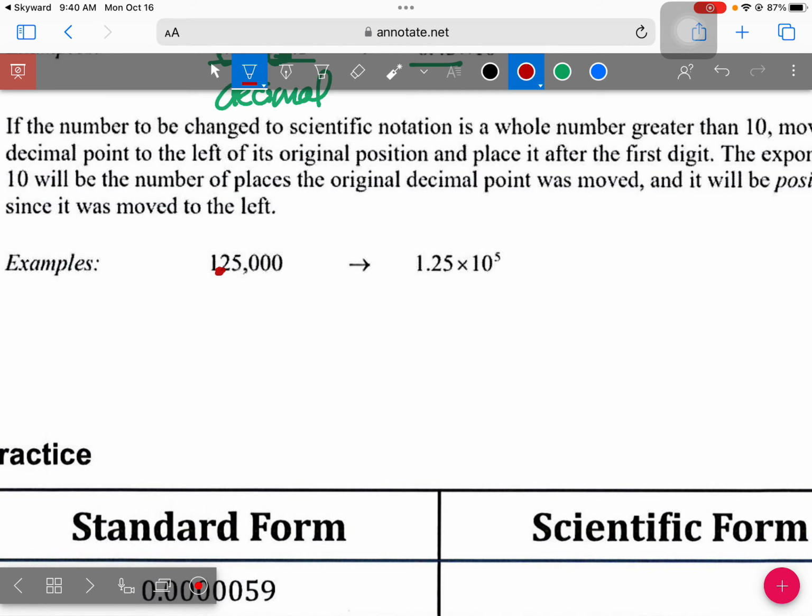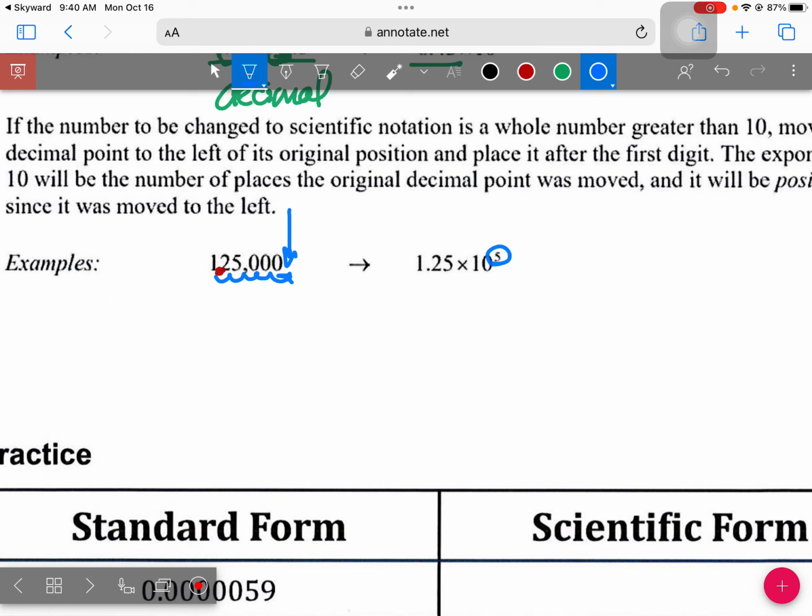So that's 1.25. Now, where is my original decimal point? It's right here at the end. You don't see it, but that's where it is. And to get from 1.25, I need to go 1, 2, 3, 4, 5 places to the right. Okay?